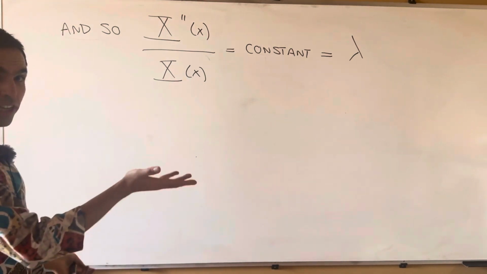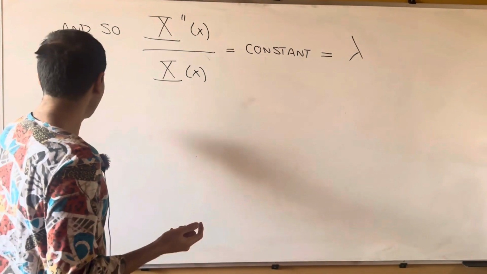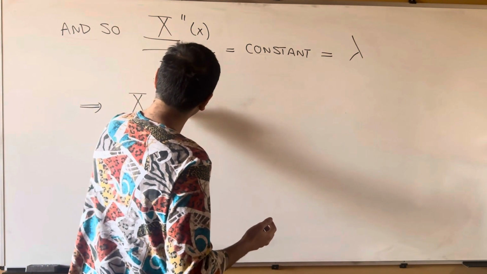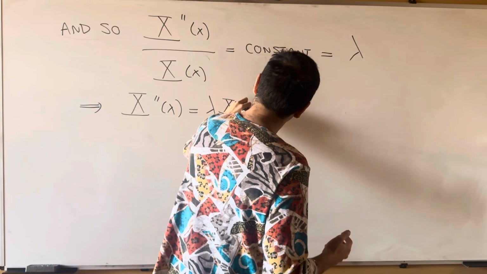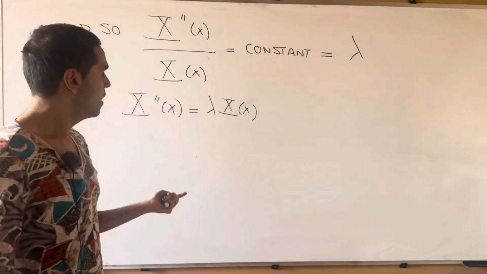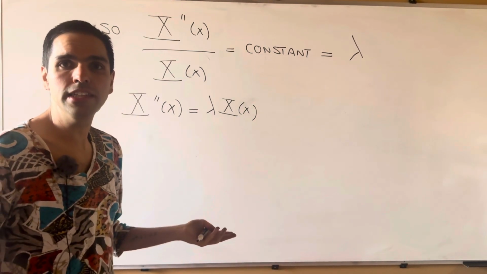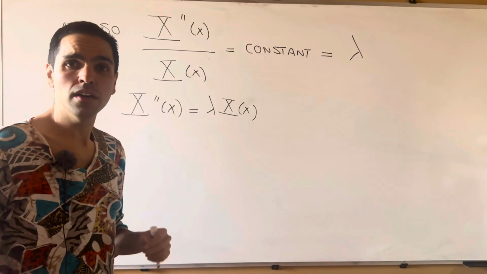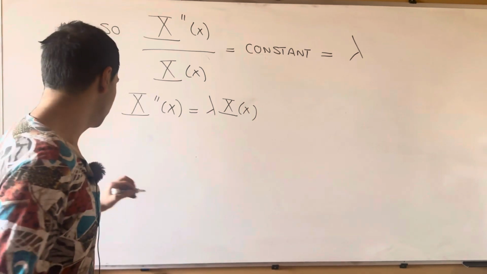And in particular, what we get now is a very nice ODE for x, because now what we get is x double prime equals lambda x. And similarly, t prime over dt is the same constant, lambda, and so we also get an ODE for t.